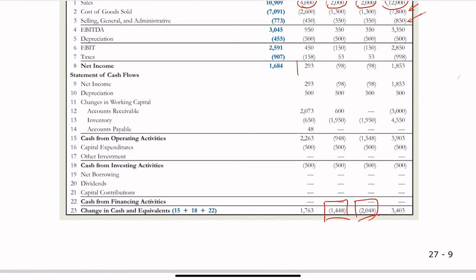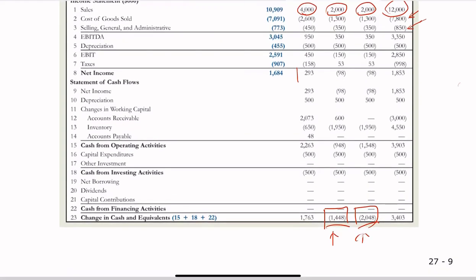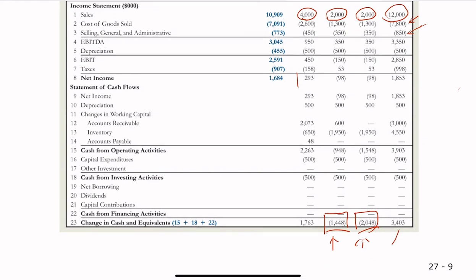So basically, what the firm will do is obtain a short-term loan for these 2 quarters. And then the firm will be able to repay its short-term loan using the cash flow from Q4, right?